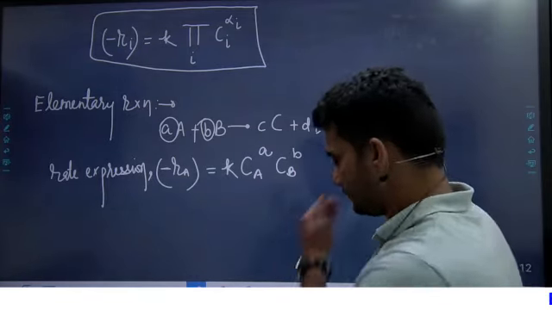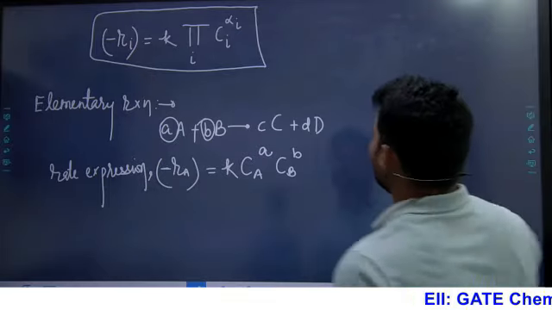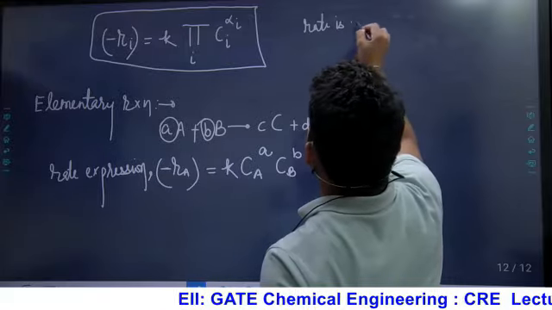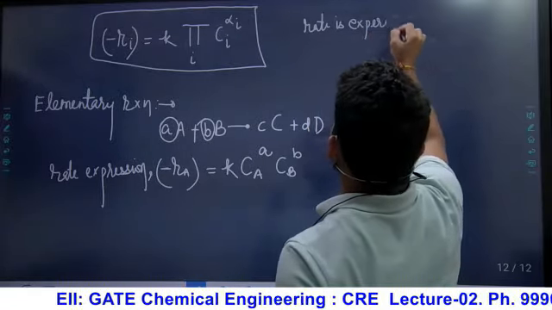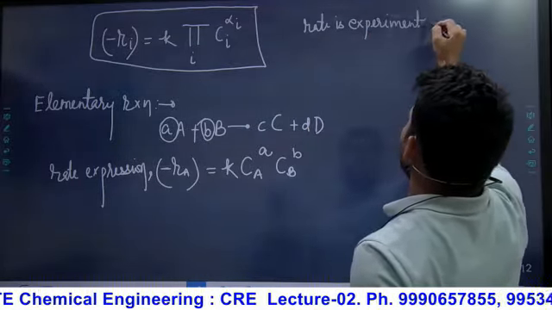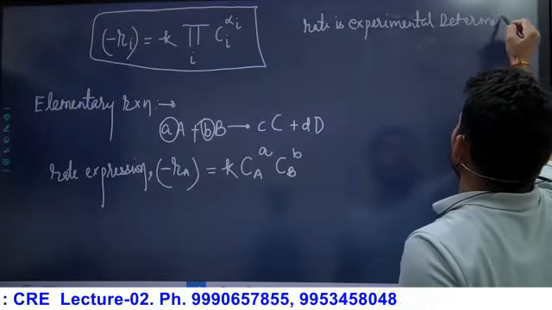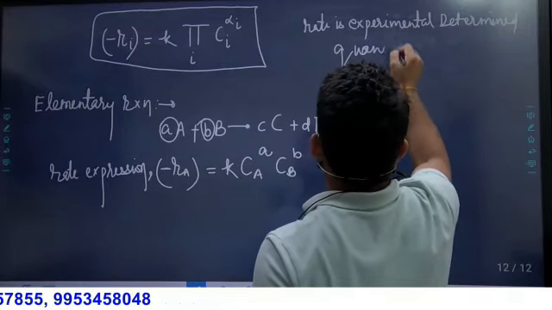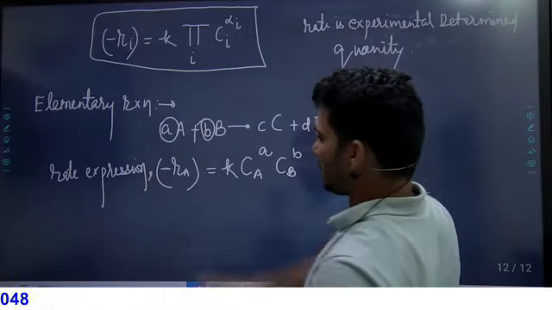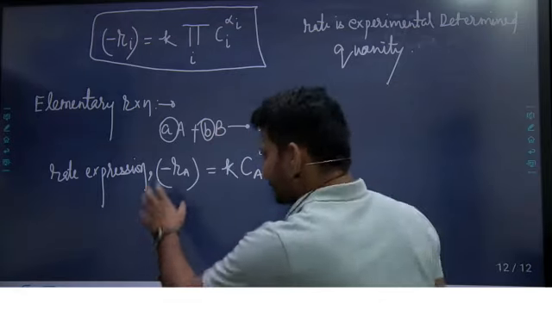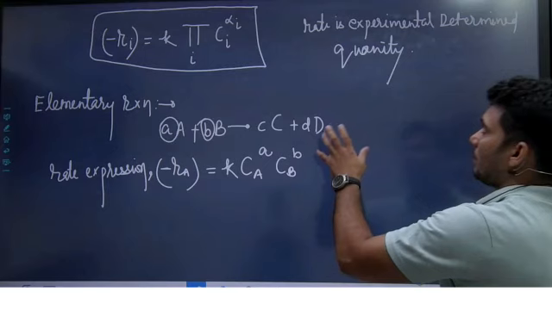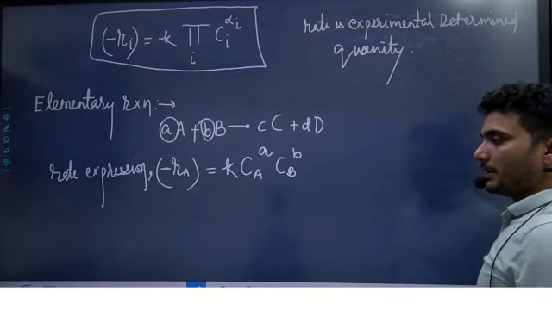Now just understand. First of all, you should know that rate is an experimentally determined quantity. You cannot say, sir, for this reaction this is the rate, and for another reaction this will be the rate. You cannot predict it, because rate is experimentally determined.